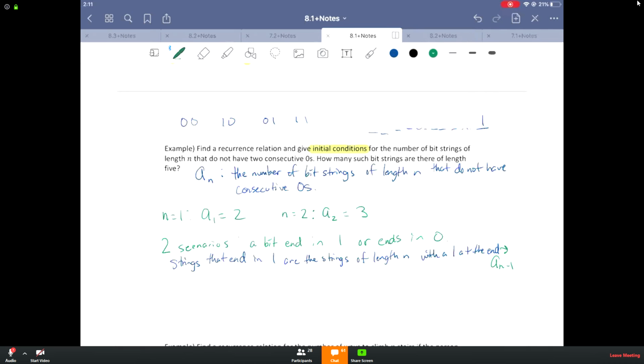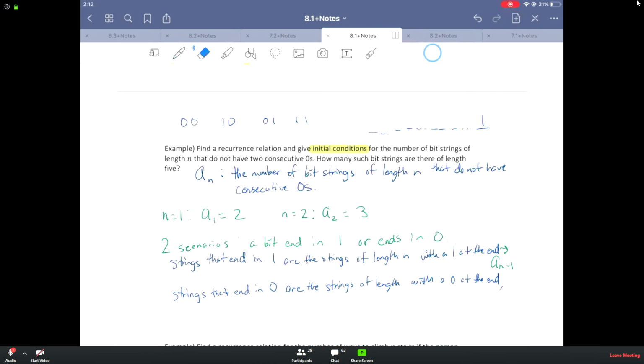The second case is the same thing, but now you end with a 0. So strings that end in 0 are these strings of length n with a 0 at the end. But if you have a 0 at the end, what does the second to last one have to be?